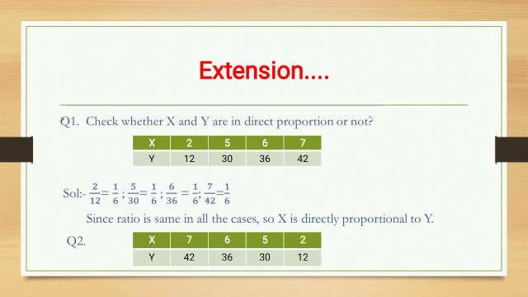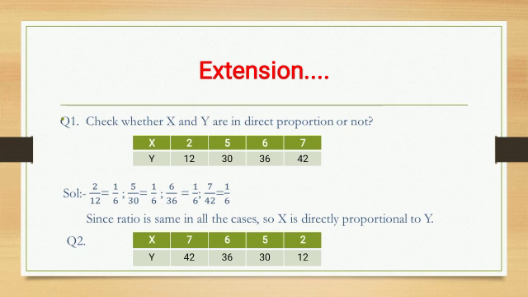You will find the ratios of all the values, that is 2 upon 12. You have to take only the corresponding values, x upon y, that is 2 upon 12. After cutting, you are getting 1 upon 6. Then the second ratio, 5 upon 30, after cutting also gives 1 upon 6.